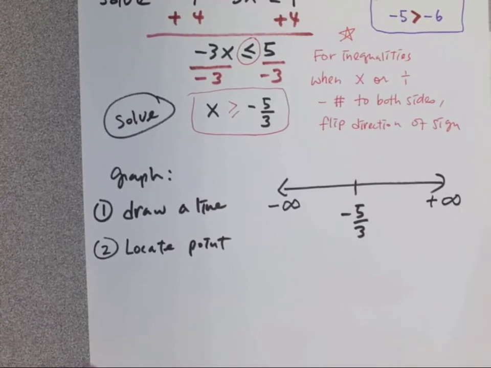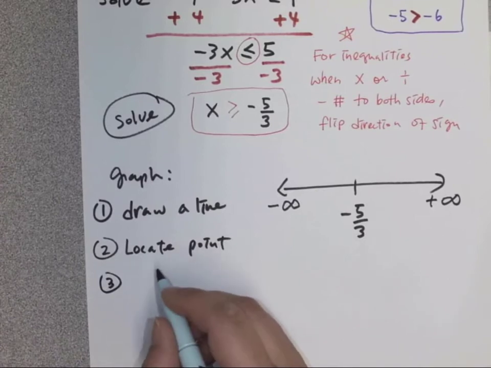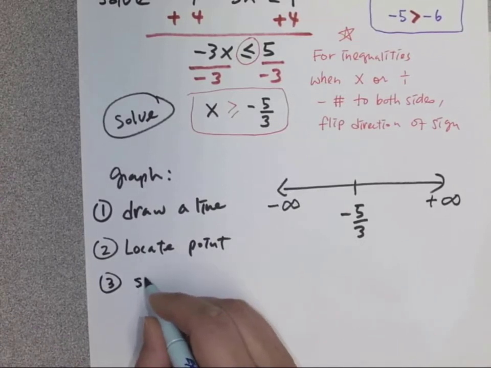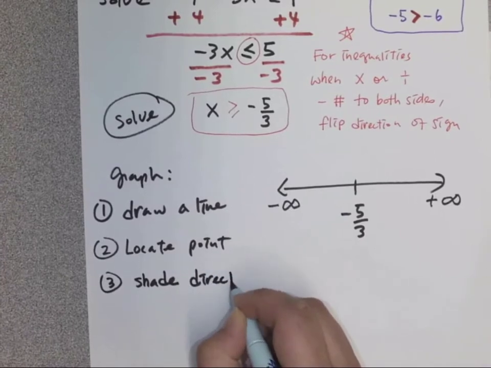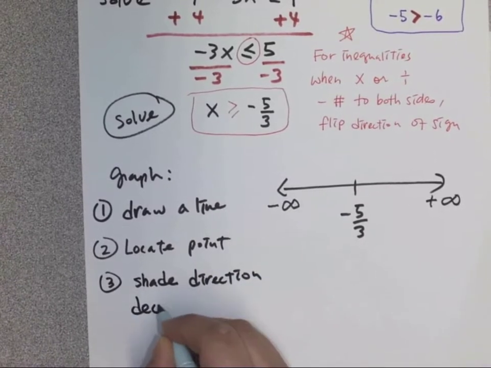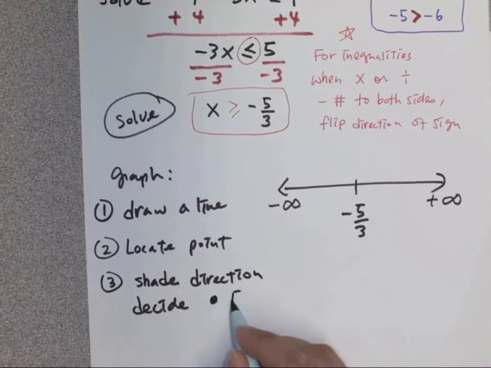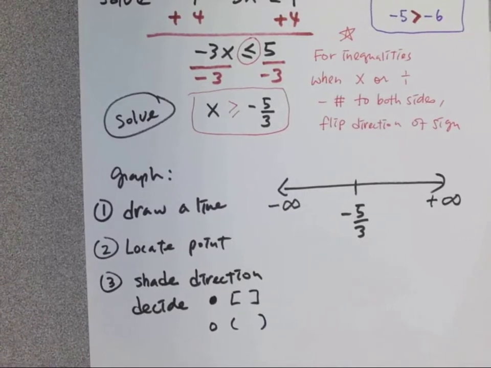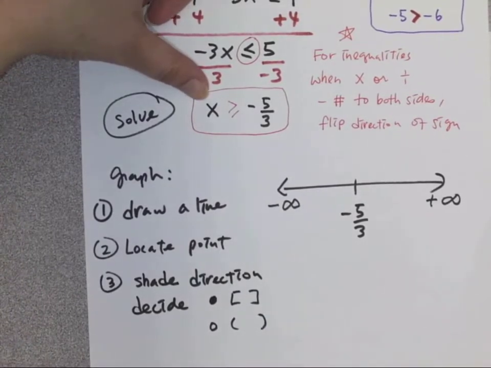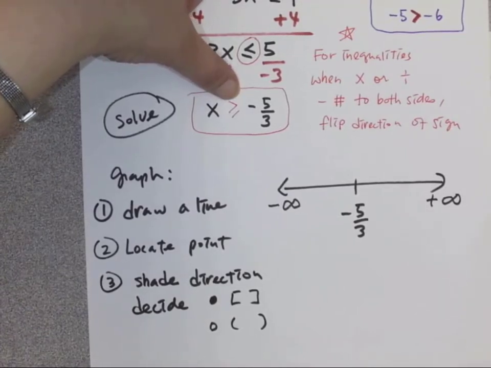So after we locate the points, all we need to do is shade which direction it's supposed to cover. And then decide if it's going to be a closed circle, brackets, or an open circle, parentheses. So for this particular answer, x is any number on this side with what?